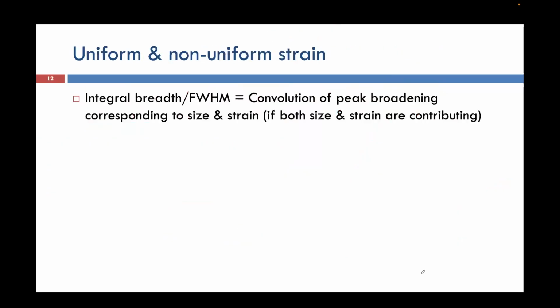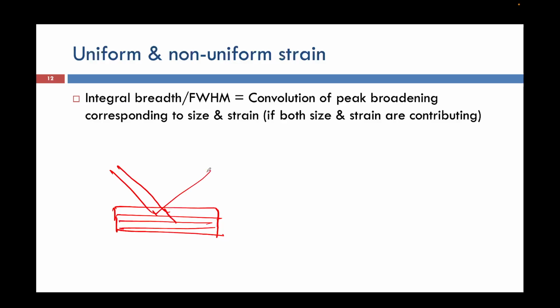Now why will this broadening happen for uniform and non-uniform strain? Because let's say this is a crystal, and some rays are coming and hitting it, and I am getting reflections in a parallel manner. So it will give me a line kind of structure.